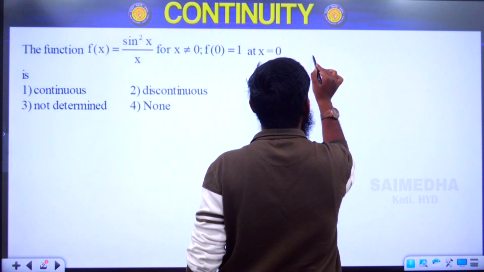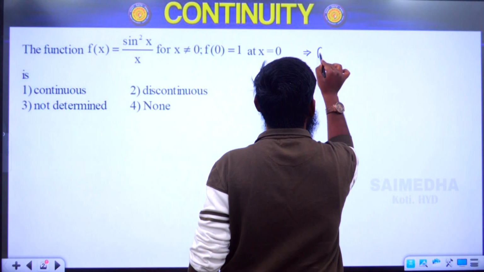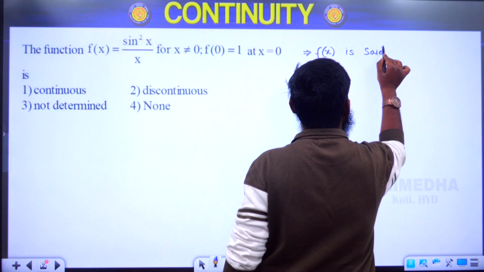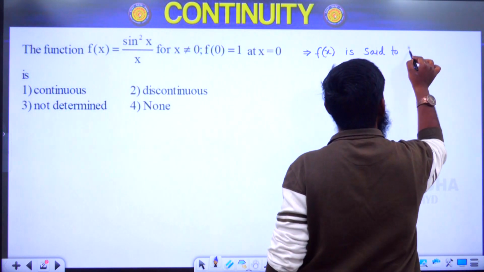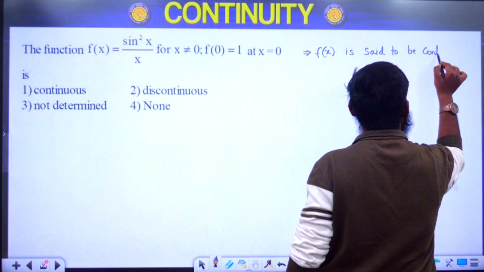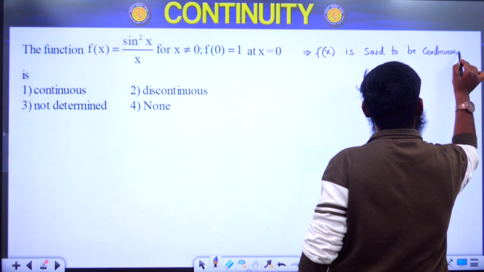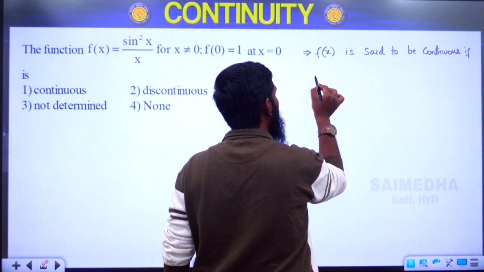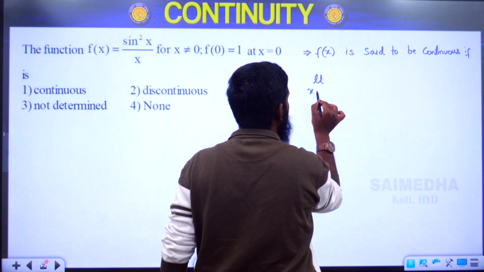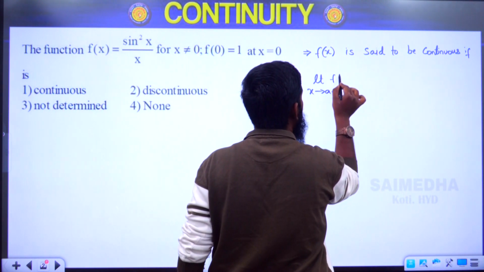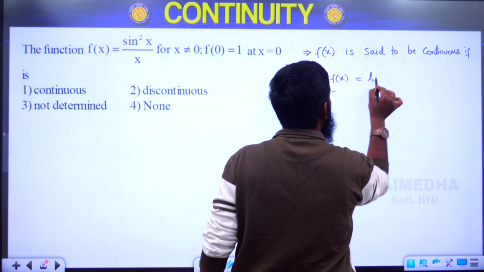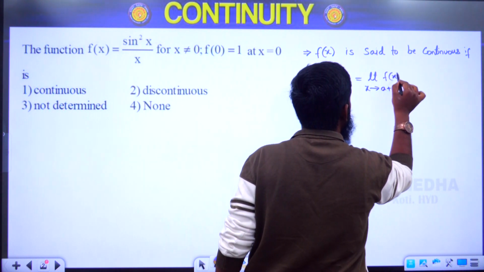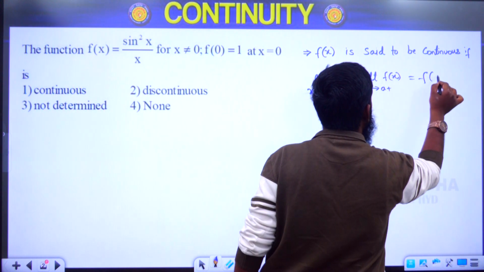The condition is: f of x is said to be continuous if limit x tends to a minus f of x equals limit x tends to a plus f of x equals f of a.